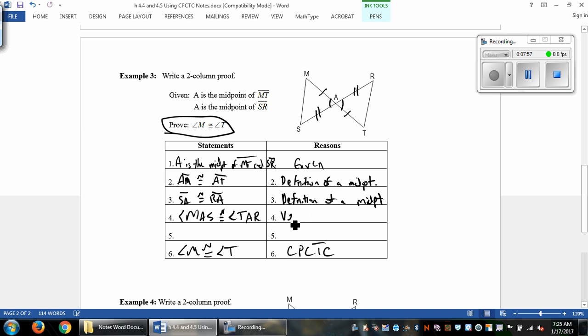And the reason is they're vertical angles. And so now I have side angle side on my triangles. And I can actually use the exact same letter combination as the angle. So triangle MAS, TAR, and that was side angle side.